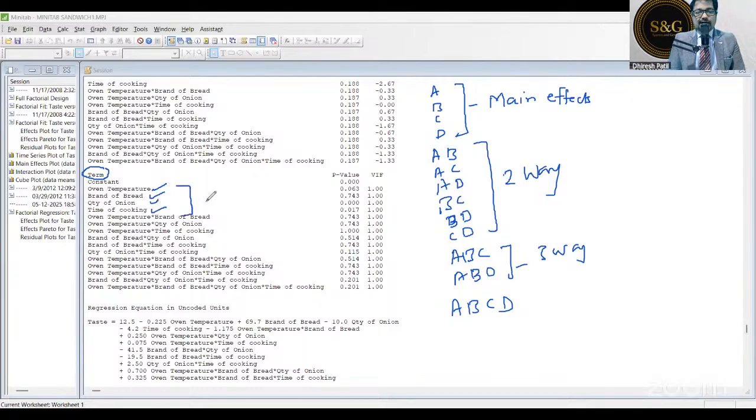These are main effect, the main factors. Okay. Then oven temperature into brand of bread, oven temperature into quantity of onion. These are called two-way interaction. Then these are called three-way interaction. And the last one is four-way interaction.